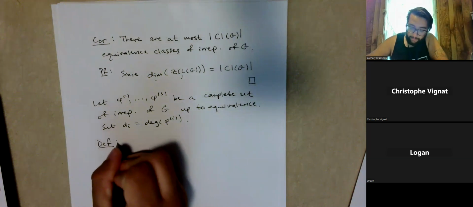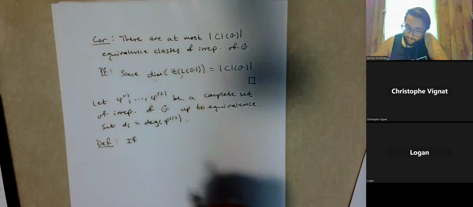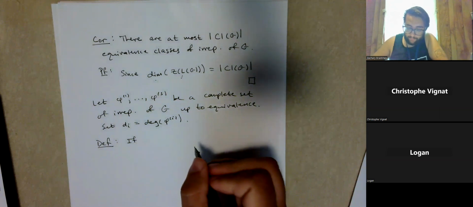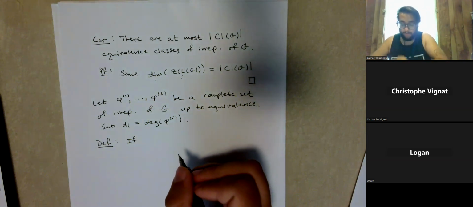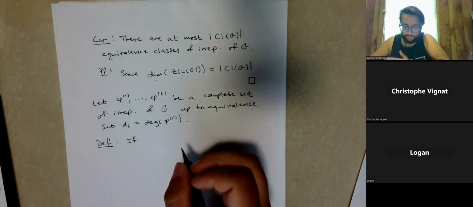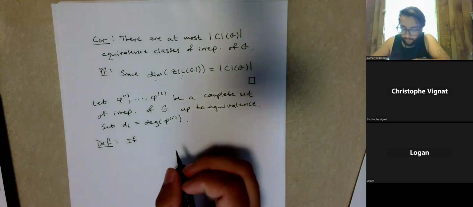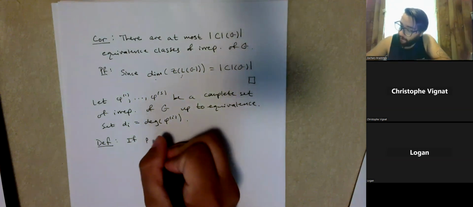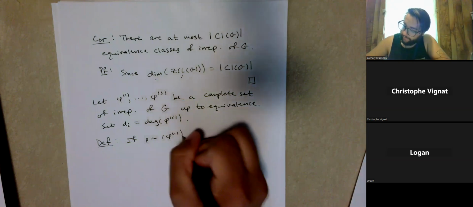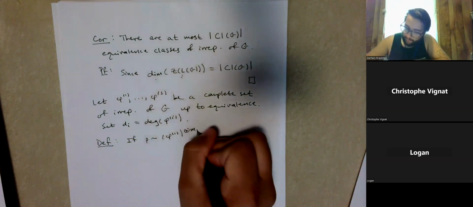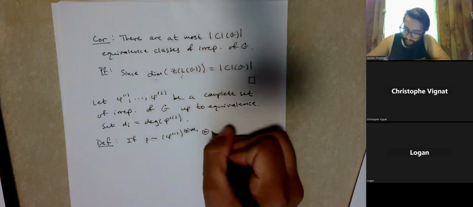Definition. I think I missed something in my notes here. What did I call it? I think rho. Okay. If rho is equivalent to phi_1, I'll explain this notation in a moment.